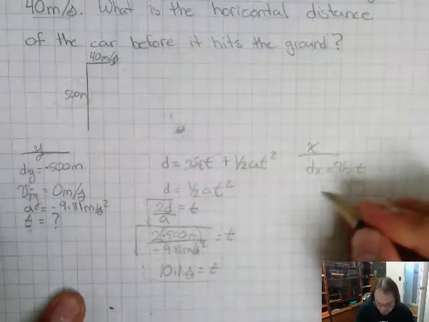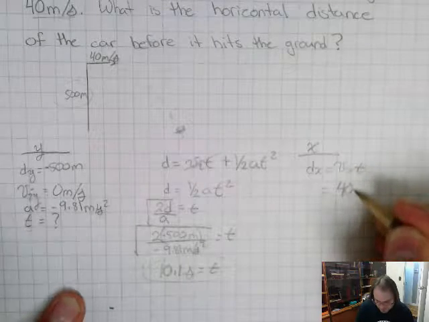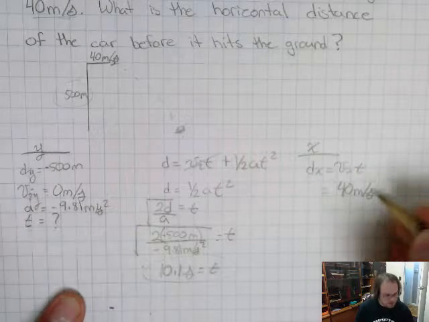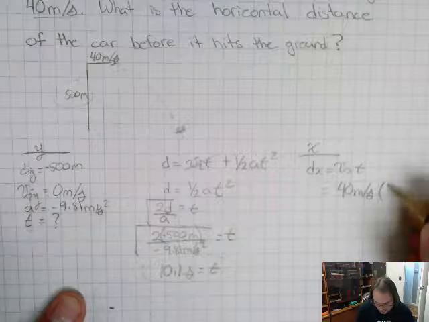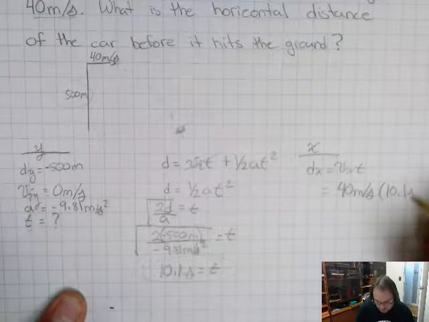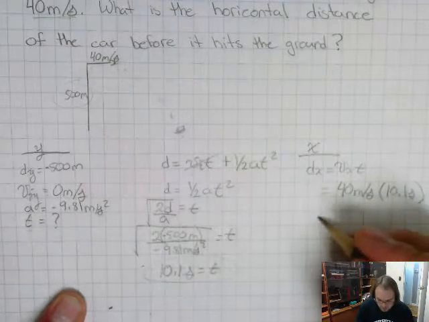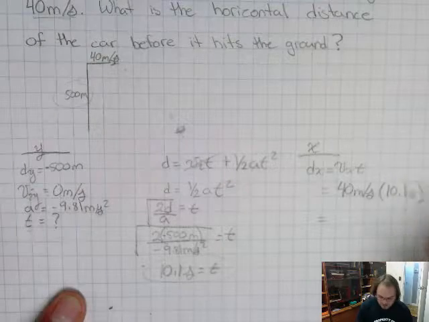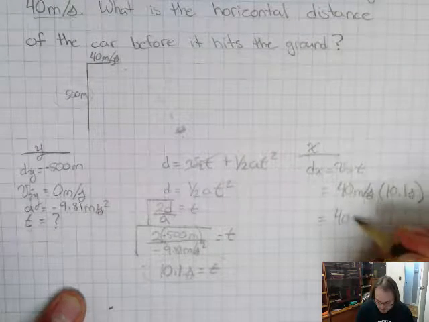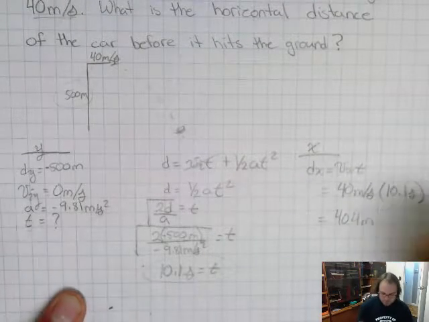So that's going to be equal to 40 meters per second multiplied by 10.1 seconds. My seconds will cancel off, and that's going to give me 404 meters.